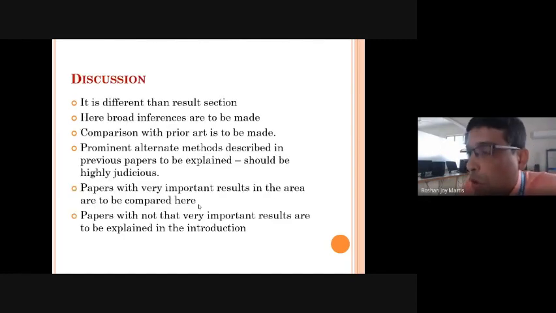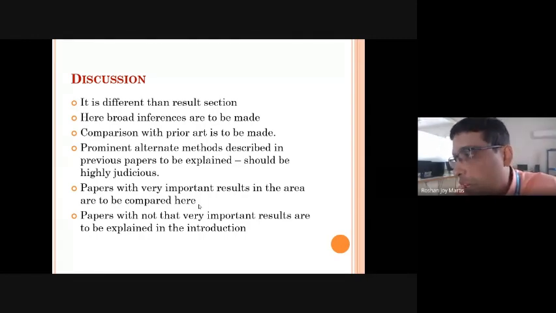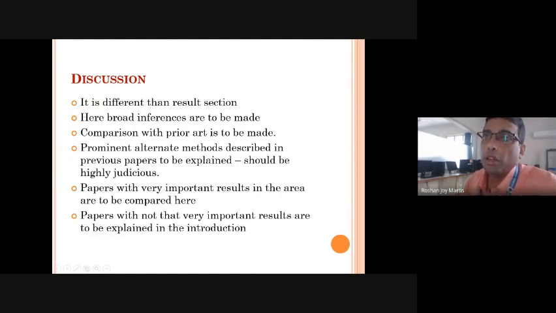Discussion is an important section in a research paper. Many people ignore having a discussion section. It is different from results. In results, only in that particular application you are getting some results, and in discussion you have to draw little broader inferences based on your results.